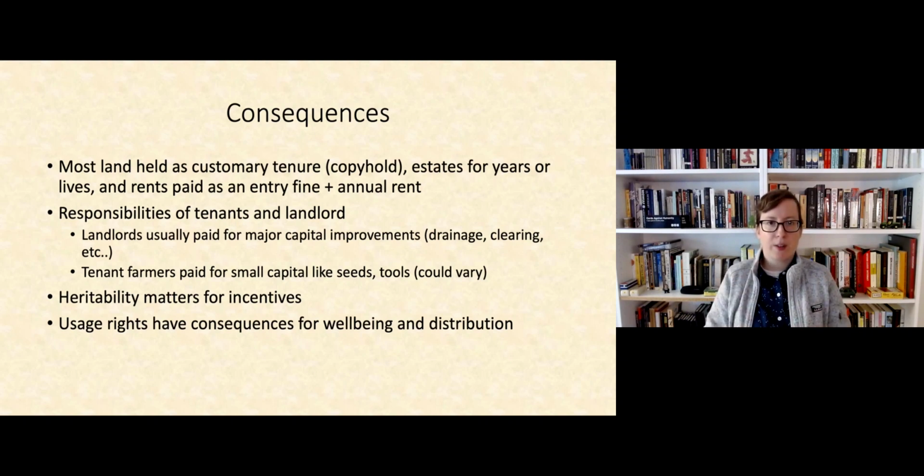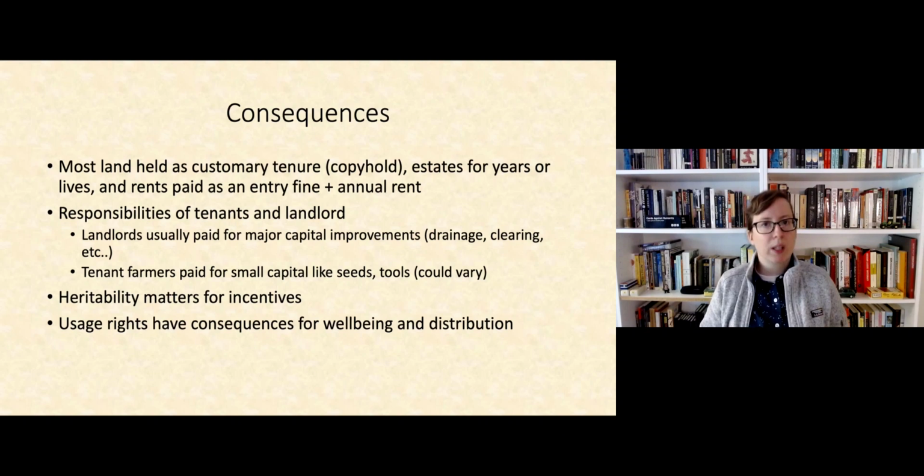And in this division of responsibilities, landlords were responsible for what we would call major capital improvements, right? The draining, the clearing, those kinds of major improvements to the land. But the tenant farmers paid for the small kinds of capital, seeds, tools, these kinds of things. So that's how they tried to divide the incentives and the responsibility.